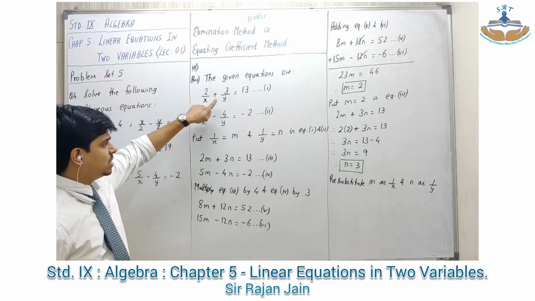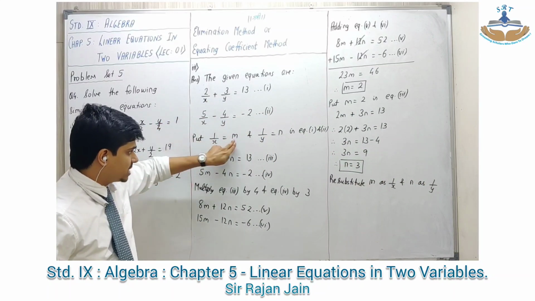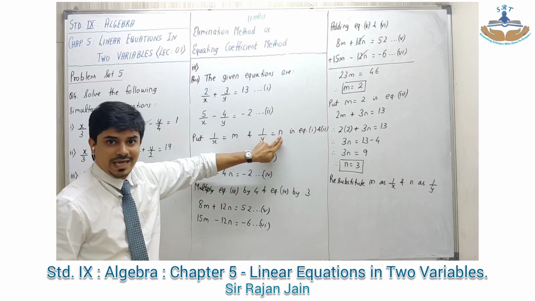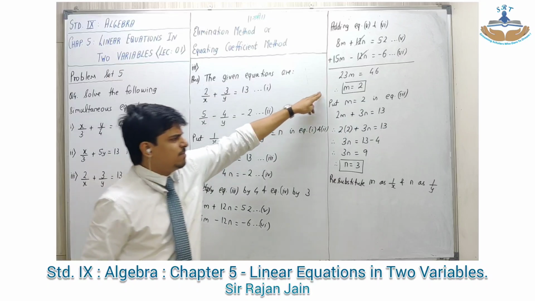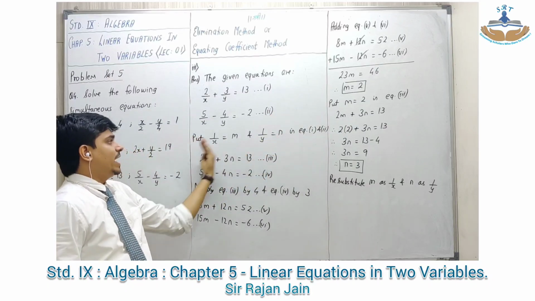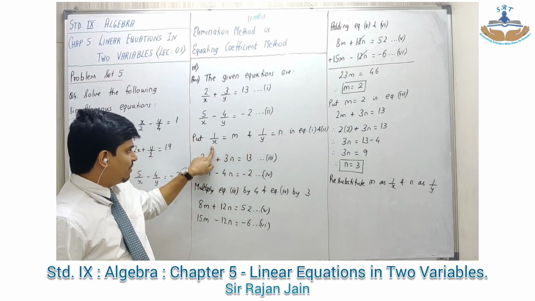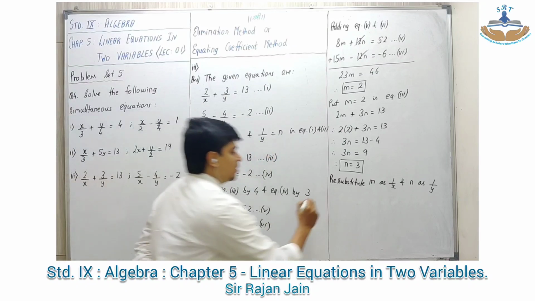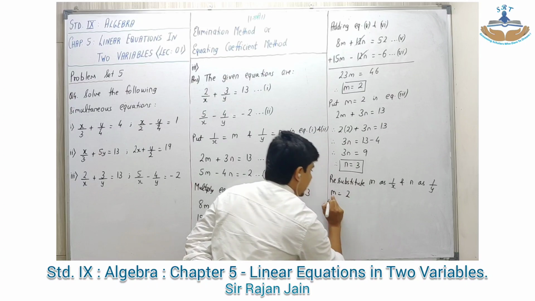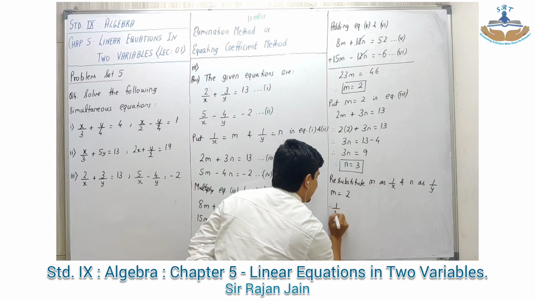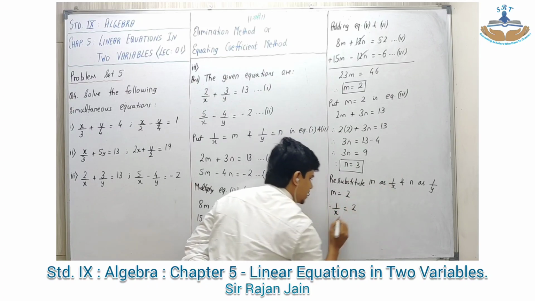Given equations को linear बनाने के लिए मैंने 1 upon x को m लिया, 1 upon y को n लिया. मेरा काम हो गया, solve करके हो गया. Now you put your m and n back into x and y. तो m के जगह पे 1 upon x, n के जगह पे 1 upon y. So look here, m is equal to 2. Therefore, m के जगह पे I have 1 upon x and this 2 will remain as it is.